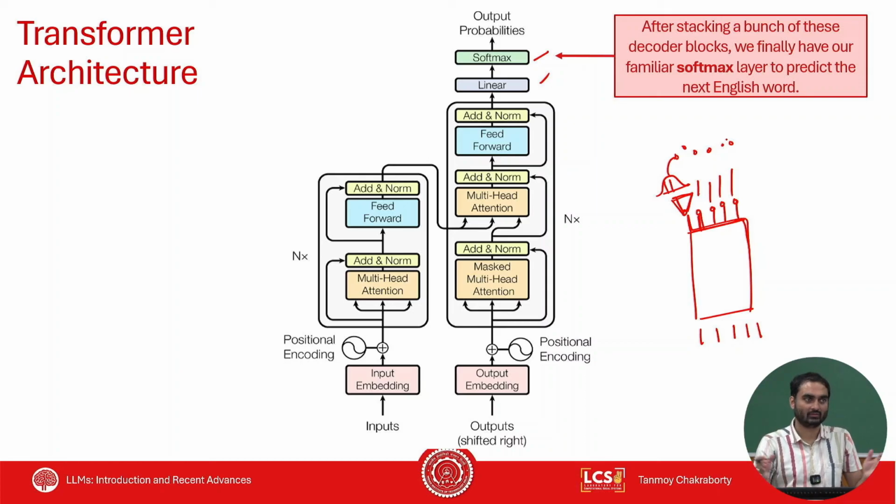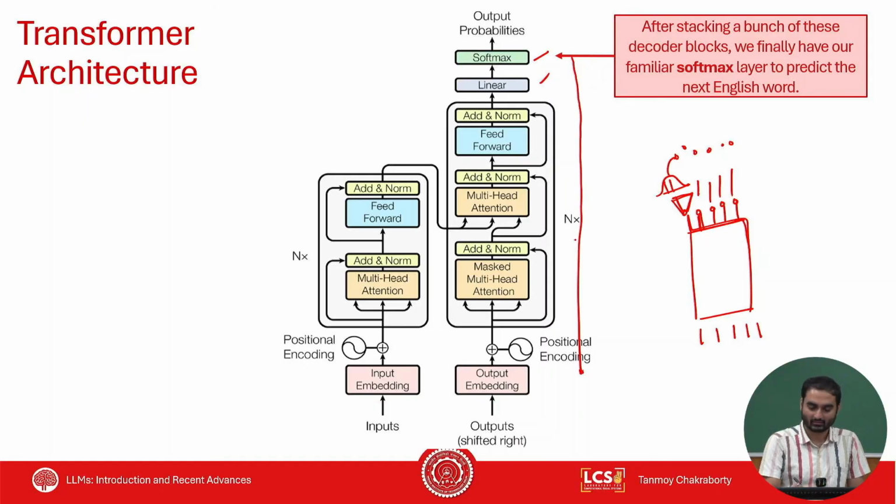Either you can sum them up, take the total error, and then backprop, or you take each of these errors in isolation and then backprop. The better way is to just sum them up and then do the backpropagation. This backpropagation happens in an end-to-end fashion, meaning the gradient will flow from here to here, and also from here to here.